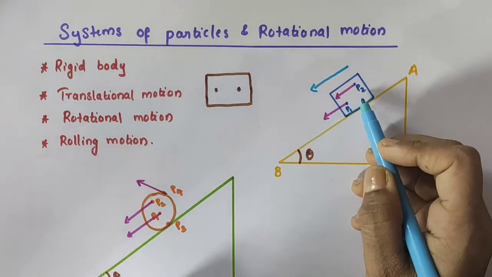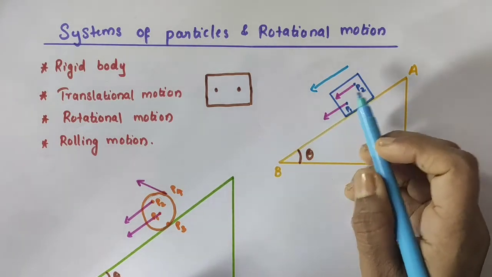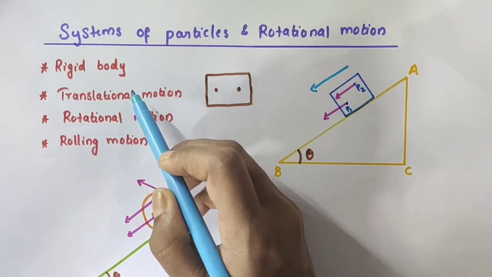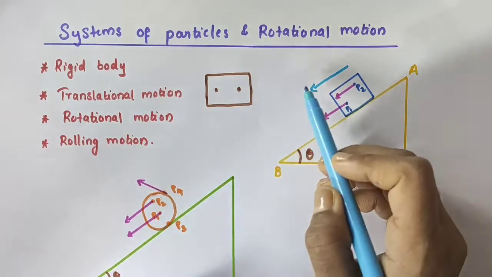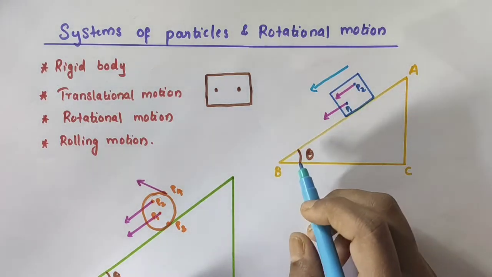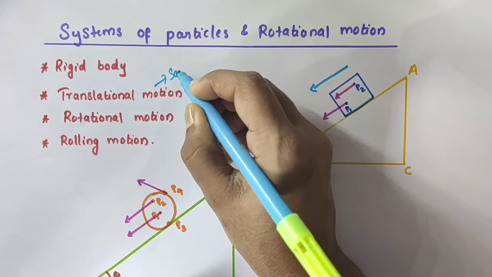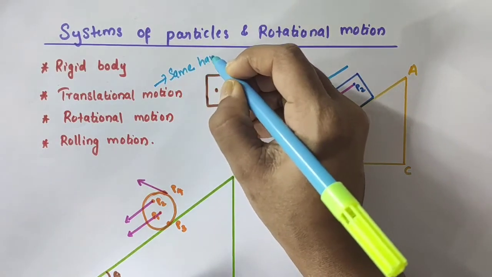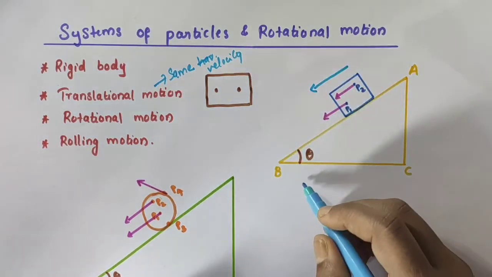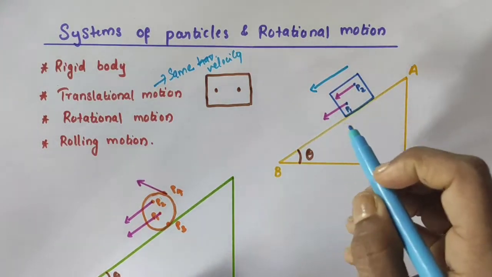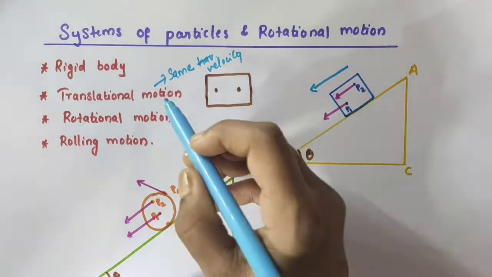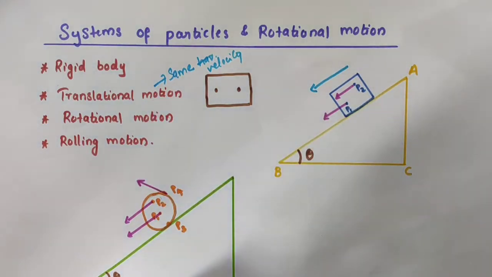You can consider a third particle P3, a fourth particle P4, etc. So, in pure translational motion, at any instant of time, all the particles of the body have the same velocity. If all the particles of the body have the same velocity, then the motion of that body will be pure translational motion.